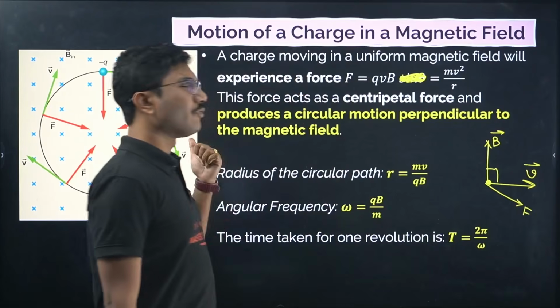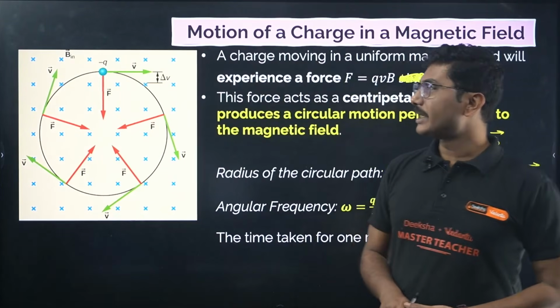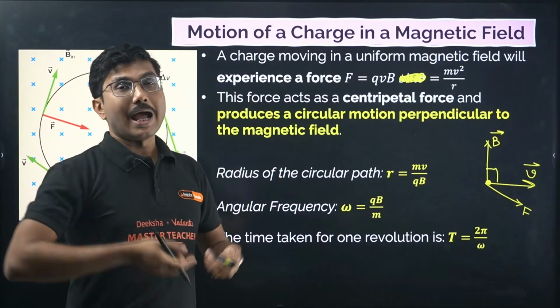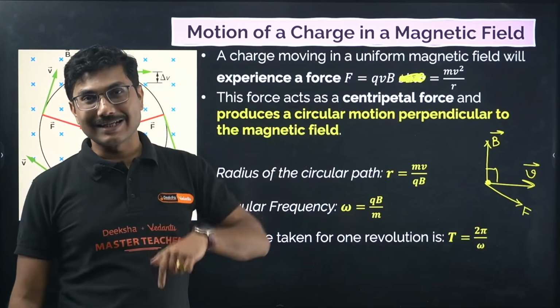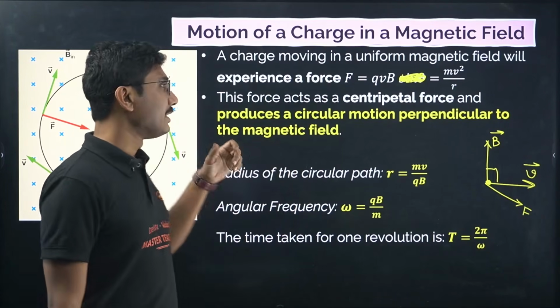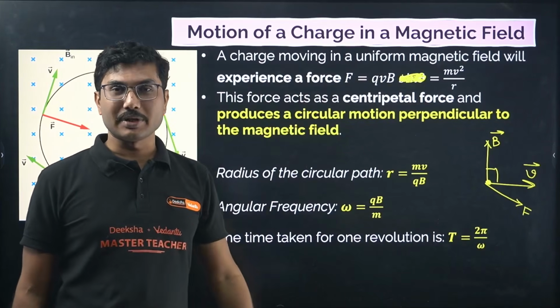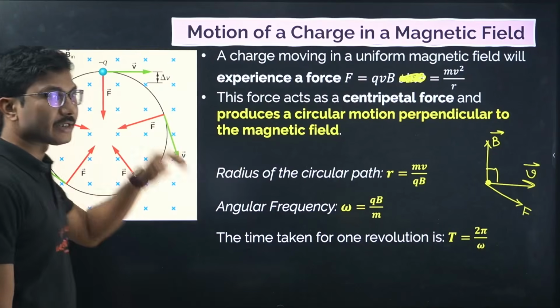Why is it important? Because if there is a centripetal force, then the object moves in a circular motion. The centripetal force has to be provided by an external force, and in this case that external force is the magnetic force. The magnetic force is providing the required centripetal force.